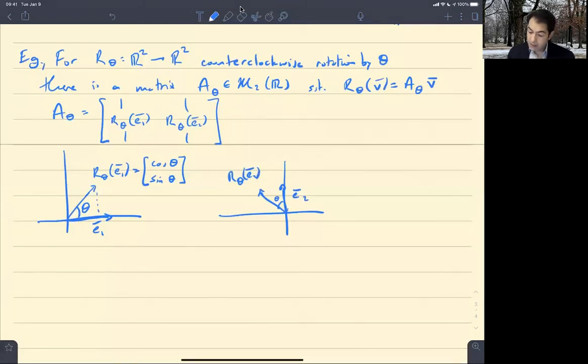Well, it's the same thing. To figure out the coordinates of this point, we just notice that this is a right angle triangle and that we already have this angle theta. So then it's easy to see that this has coordinates minus sine theta, cosine theta, if you like, just because it's this triangle on its side.